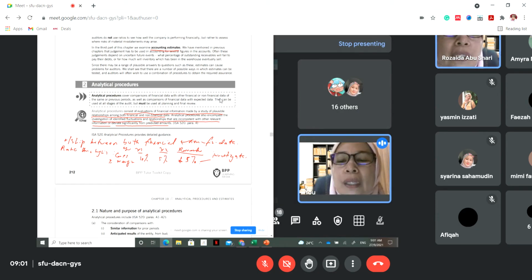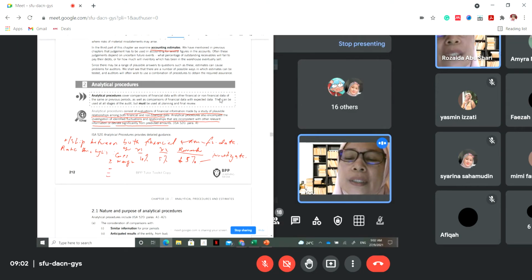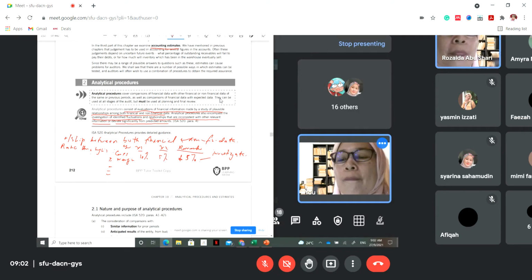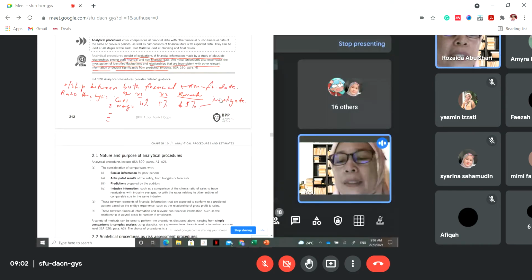So you compare the financial and non-financial data. How does the company calculate the gross profit margin? You divide the gross profit by the revenue. So you have to look at all the items related to the gross profit, what items contribute to the gross profit margin calculation. You have to get to know the items in the financial statement.